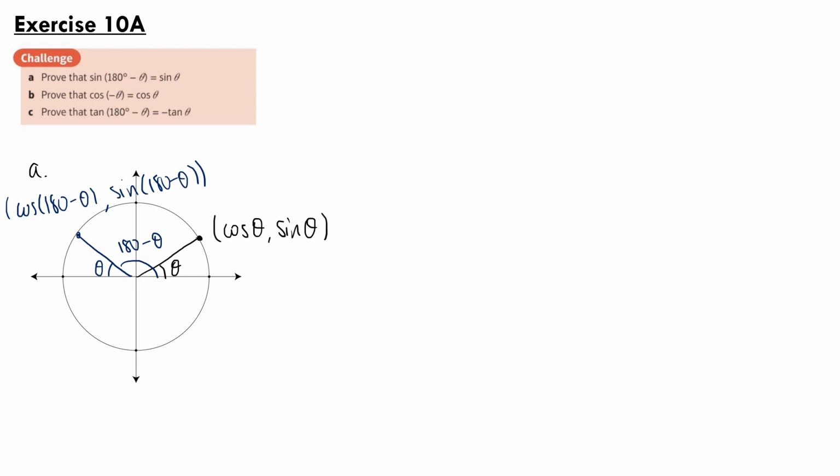And now what we can spot is that because of the symmetry of the unit circle, these y coordinates here are equal. And so we can say that sine of theta is equal to sine of 180 minus theta, as required.